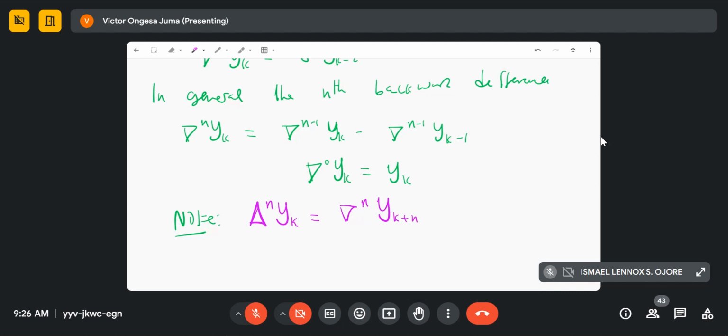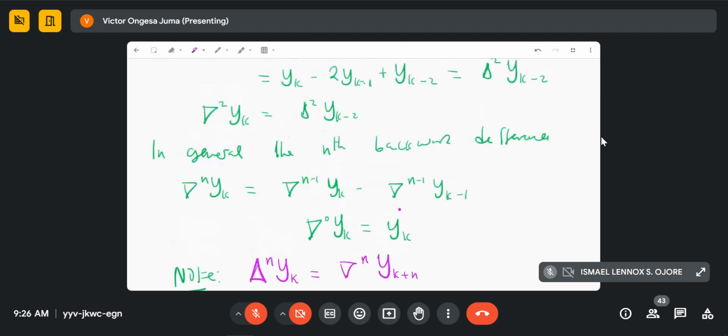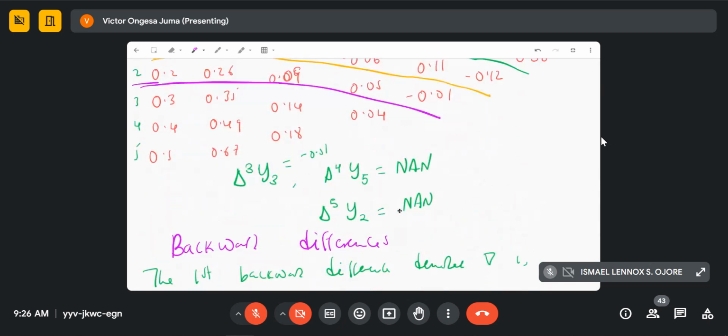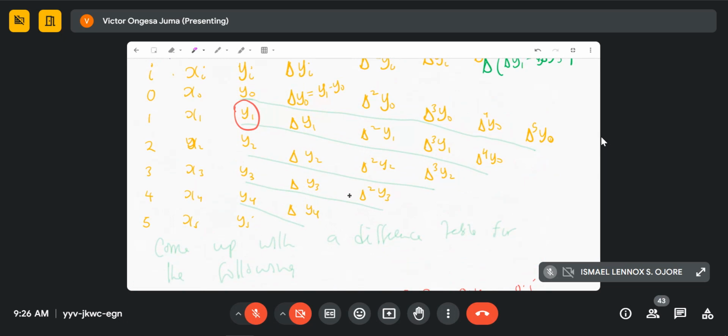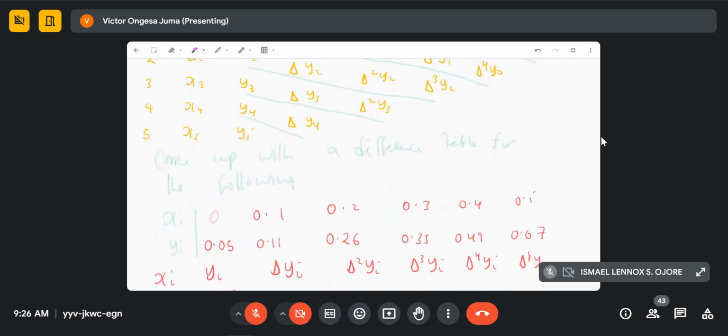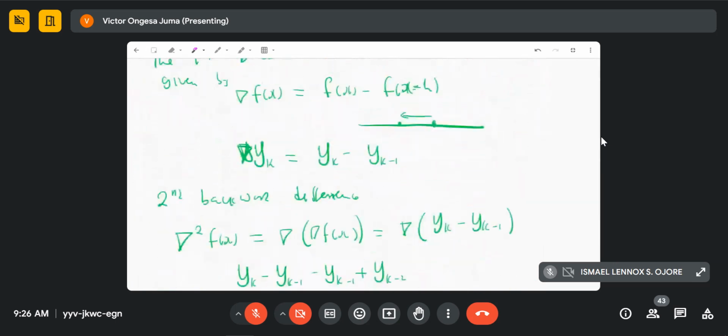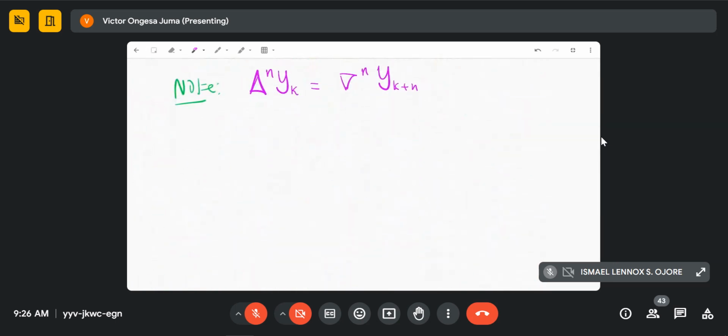And so the table I've mentioned to you, this table I wrote here, is a similar table with the backward differences. It will contain exactly the same values, but now with a different interpretation. So I can write a few examples just to show.